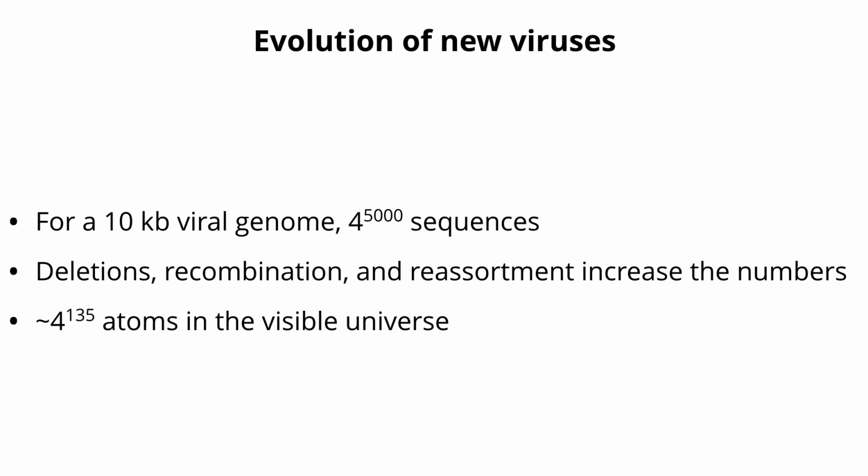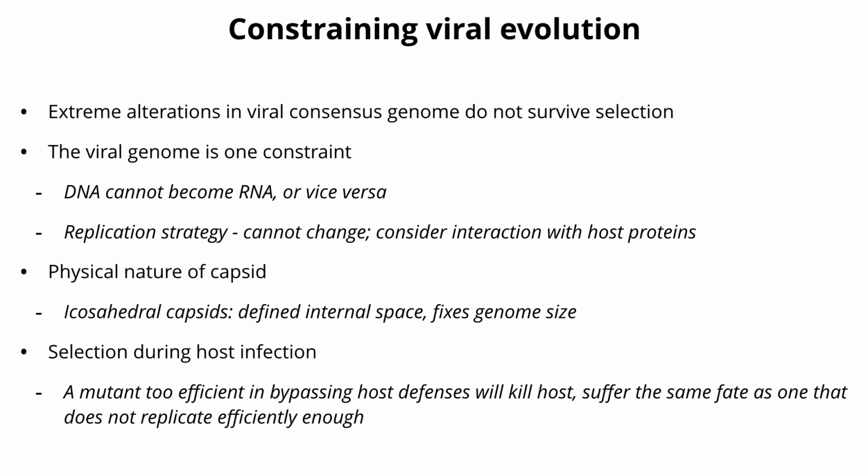There are many aspects of a virus's structure and replication cycle that confine it so that you can't introduce mutations and make it into something totally different. Some of the constraints, for example, the genome. You can't change DNA to RNA or vice versa. You can't go from double-stranded to single. That's probably because the replication strategy is fixed. You need certain viral proteins to do certain things, and you can't change those drastically. The physical nature of the capsid is another constraint, especially icosahedral capsids.